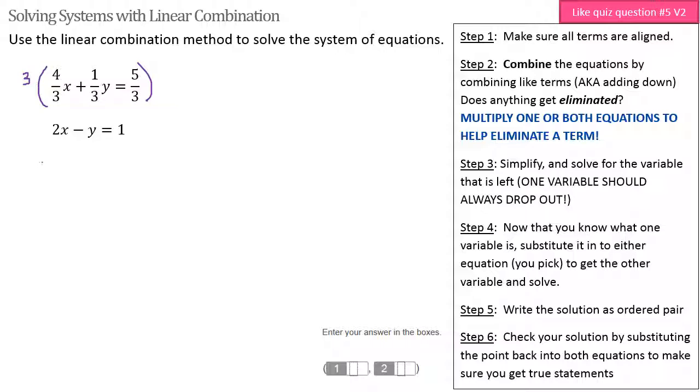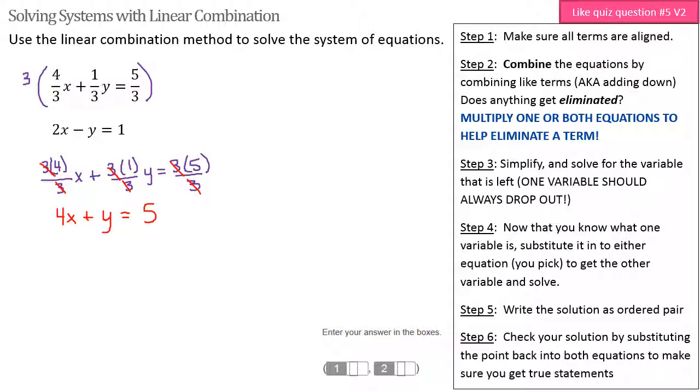So it's going to give us 3 times 4 over 3x plus 3 times 1 over 3y is equal to 3 times 5 over 3. Notice those 3's cancel out, so we have 4x plus 1y, or we could just put y, is equal to 5.